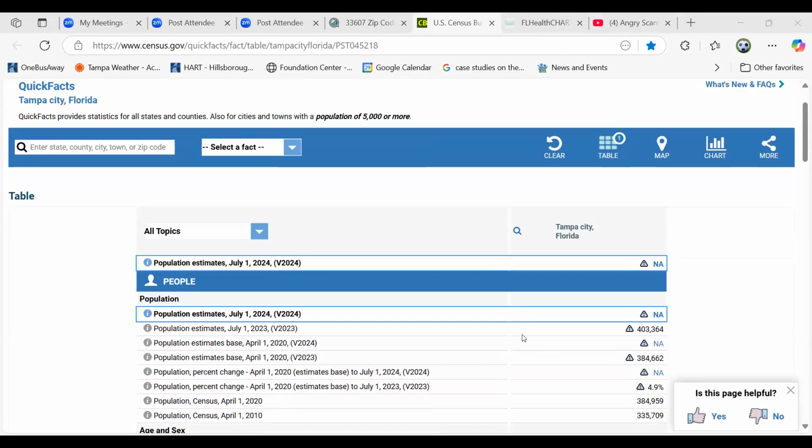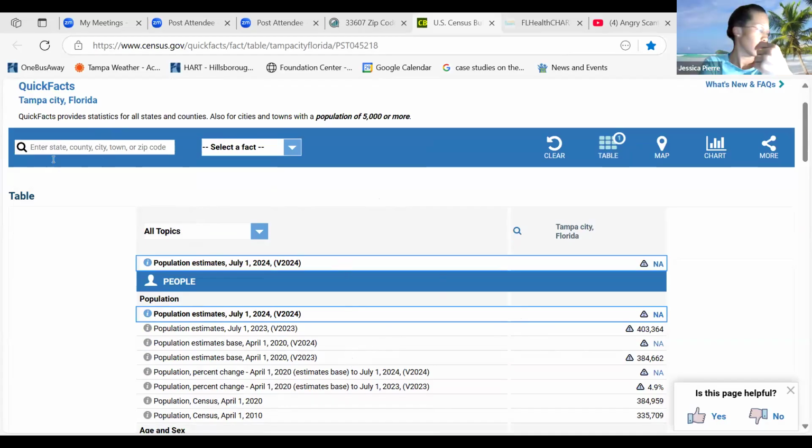Remember earlier we did the United States Census? You can go here, and this is a census, but it's only based on the city of Tampa. So you can go here and get those same numbers that you got from the Census Bureau, the first video that we looked at.